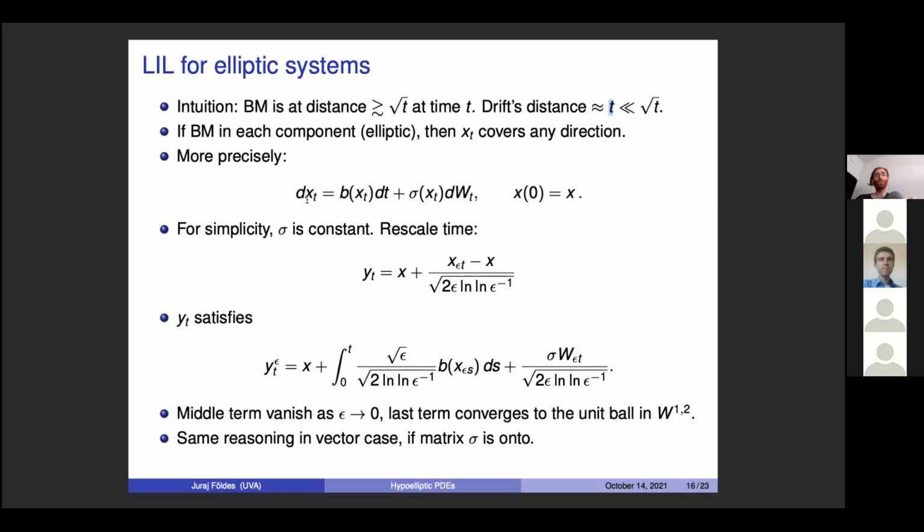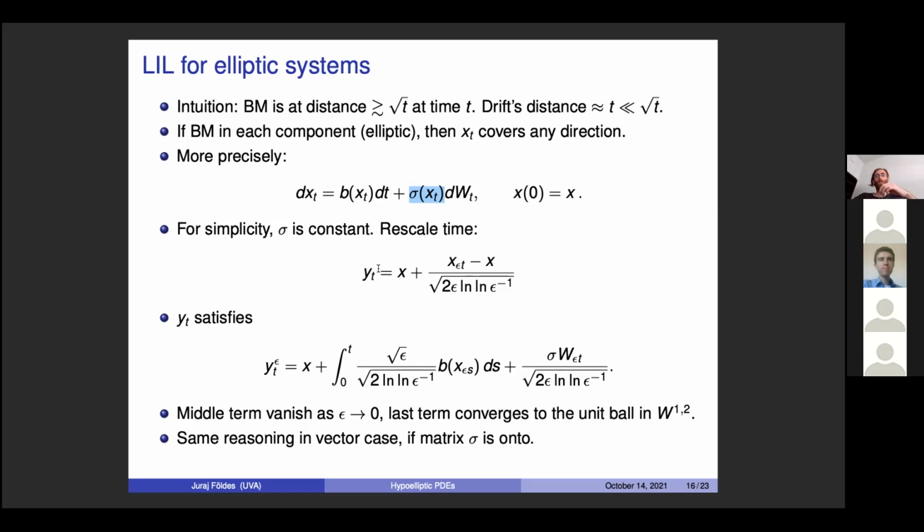All right. So let's do this a little bit more precisely. I'm going to look at my stochastic equation, starting at the point x. I assume for simplicity, but it can be done in full generality, that the matrix is constant. I'm going to rescale the time: shift to x, rescale the time by this Brownian scaling, and shift it back to x.